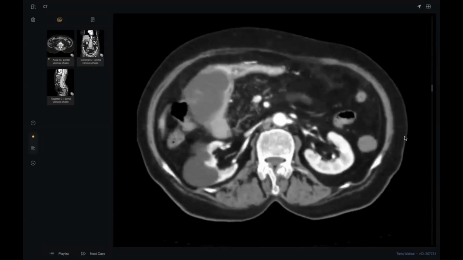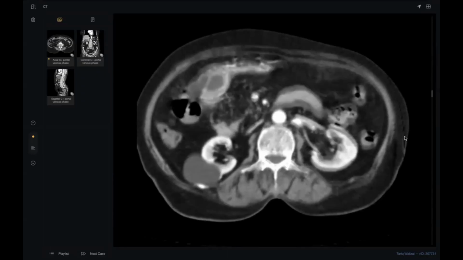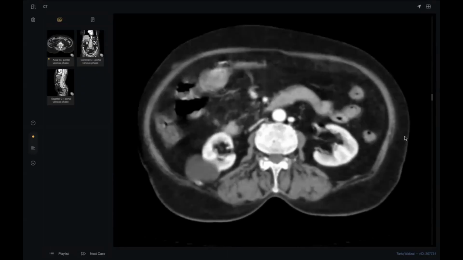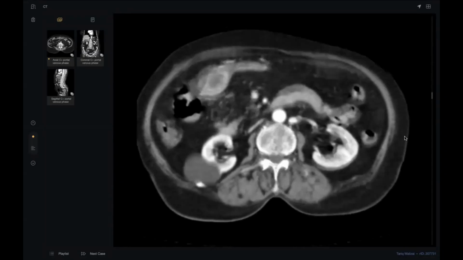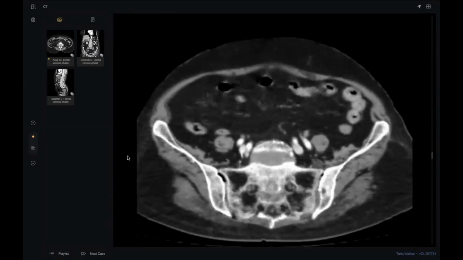There is no internal enhancement. Doctor, please raise your voice. Okay, there is no enhancement.